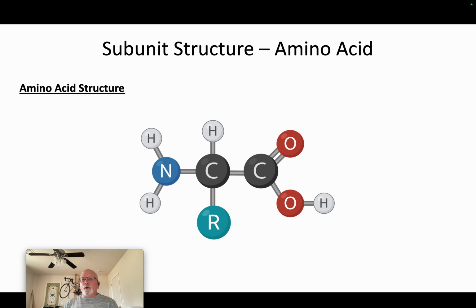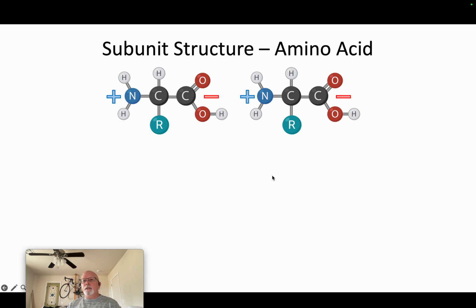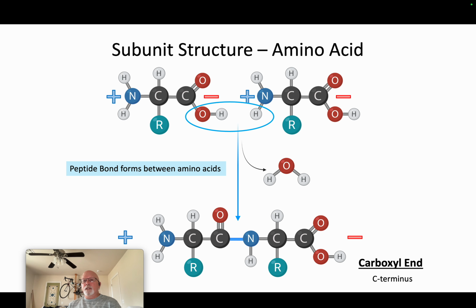Once again, thinking about amino acids, they're made up of an amine group and a carboxyl group, and then this variable group. This, once again, provides directionality to a protein molecule, and you're always adding new amino acids to the carboxyl end of a protein. We take 2 amino acids, we take this water molecule out of the middle, that's a dehydration sequence, and then we form this peptide bond.